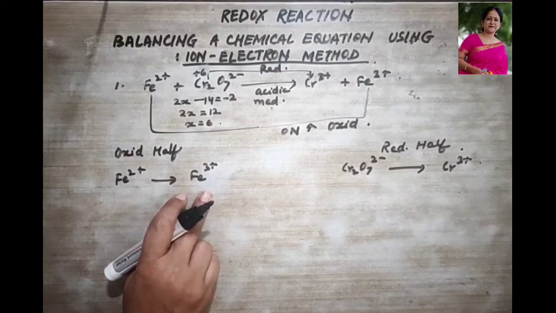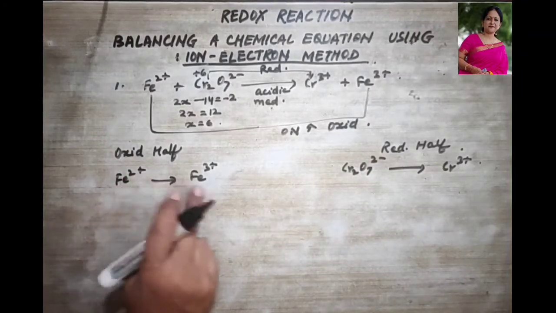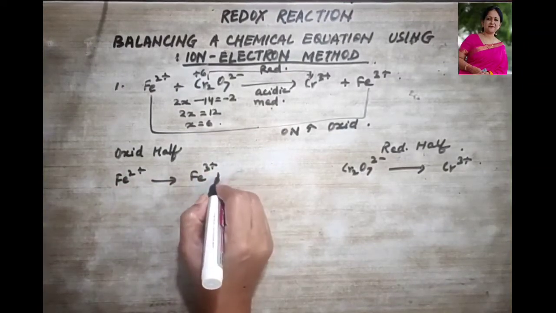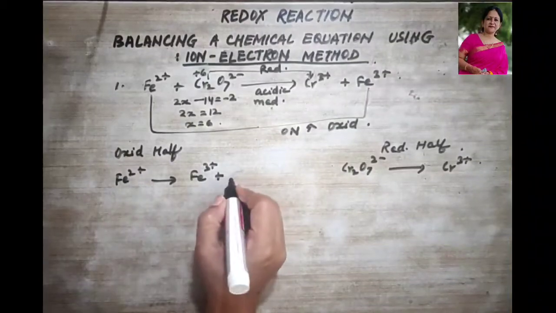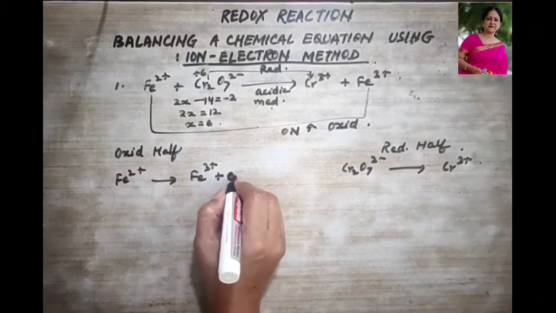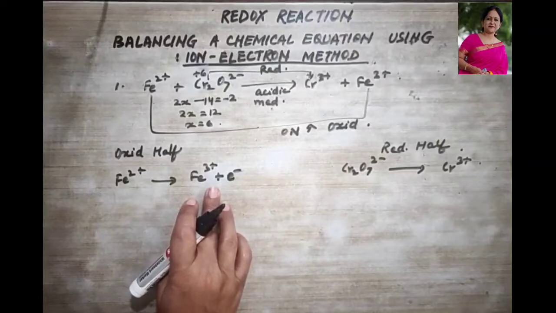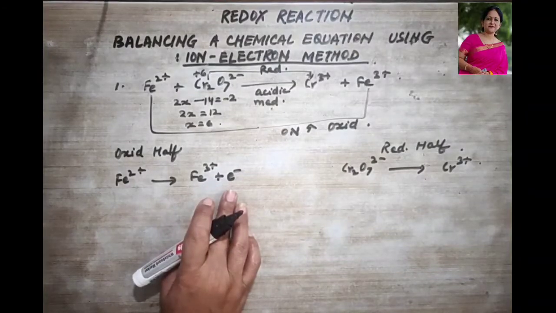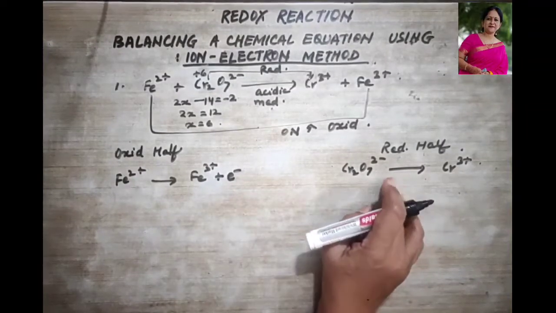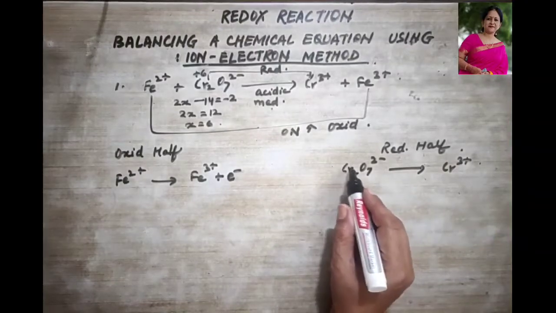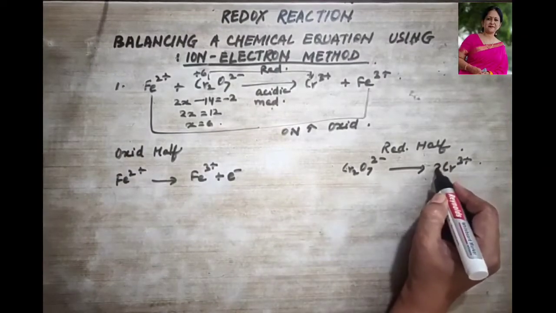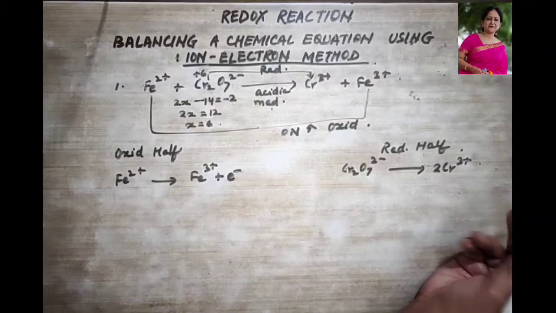This is Fe2+ and this is Fe3+. If you remove one electron from here, we get Fe3+, so here it is Fe3+ plus electron. Now let us balance this side. Chromium, how many? 2. Here it is only 1. So we write 2 chromium over here.